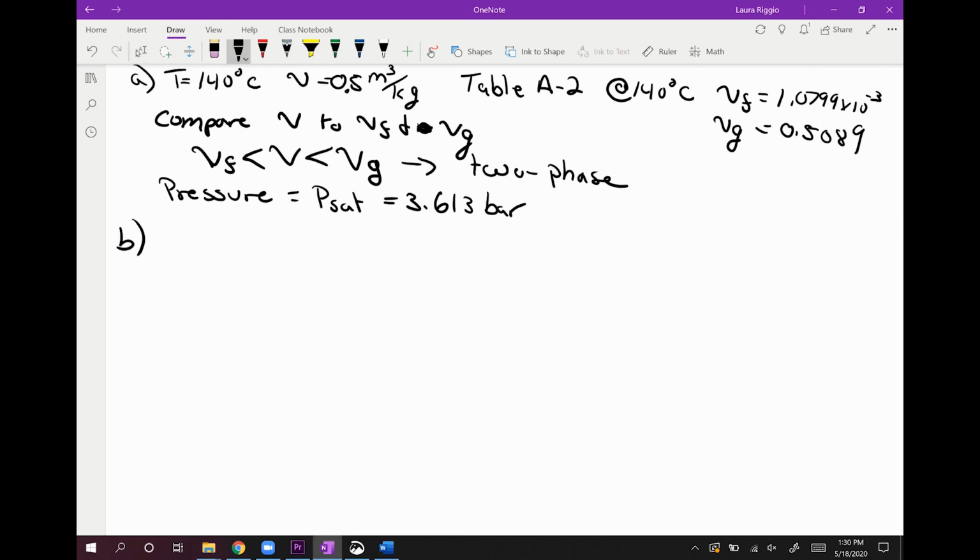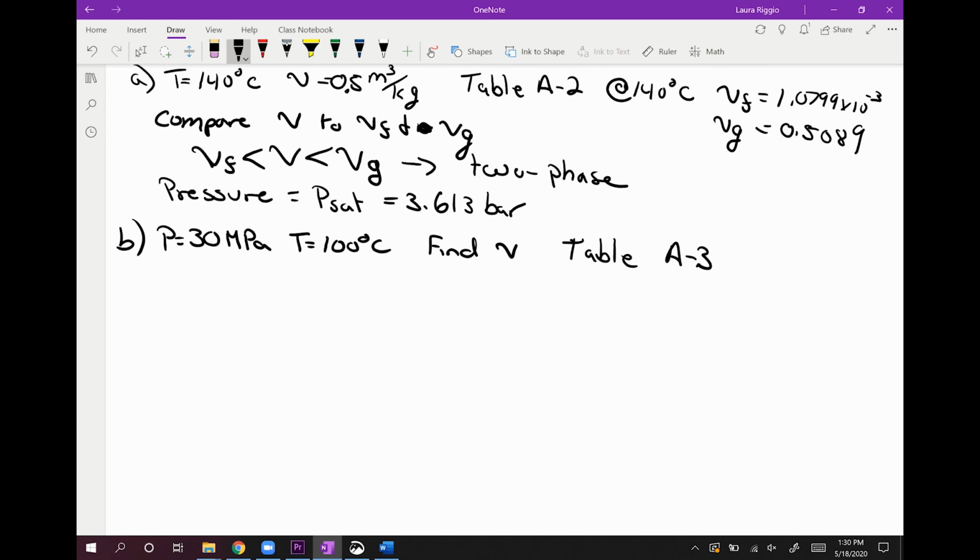The next case we are going to examine is I have a pressure of 30 megapascals and a temperature of 100 degrees Celsius, and I am tasked with finding my specific volume. So again, the first thing I'm going to do is go to my saturation table, which is table A3.